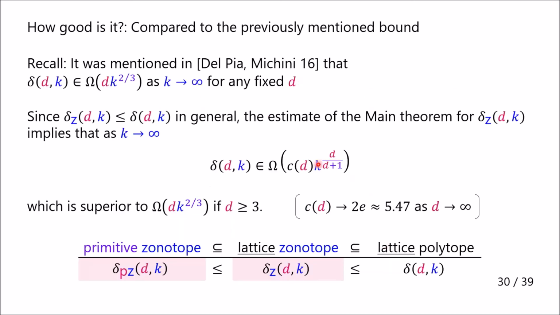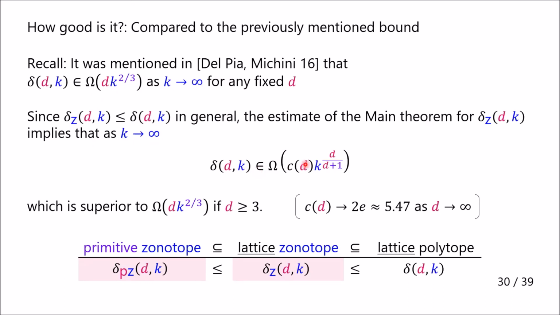And as I explained earlier, it was pointed out by the authors of this paper that when k goes to infinity, delta(d,k) is bounded from below by this quantity. Since delta_Z(d,k) is a lower bound on delta(d,k) for any d, k, the asymptotic estimate of delta_Z(d,k) in the main theorem implies that when k goes to infinity, one has this estimation.